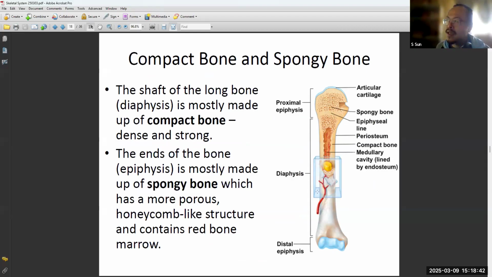So that's one. And the epiphysis, right here, is formed by the secondary ossification. So you can see that primary ossification forms the compact bone. The secondary ossification forms the spongy bone. That is something you will see in the quiz and in the lecture exam.